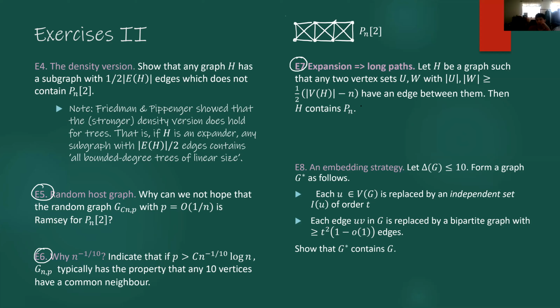Okay. So you're welcome. PN2? PN2 is this blow-up of a path. I didn't explain that. You take a path and you replace each vertex by 2 vertices and you add all the natural edges between them. So I'll give you, say, 7 minutes, and then we'll briefly discuss the exercises.